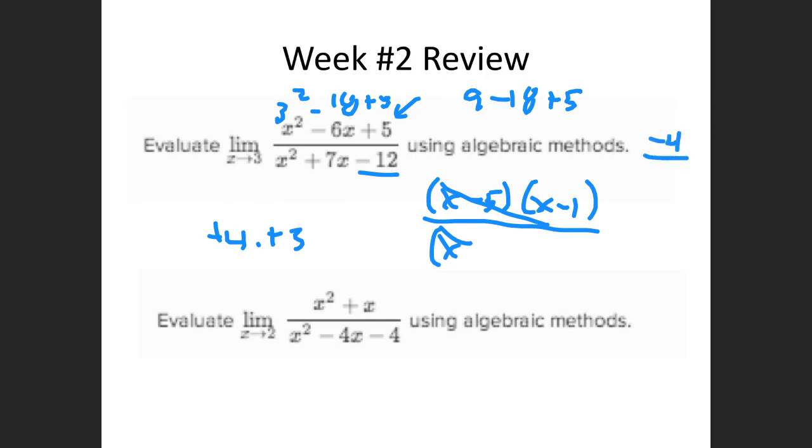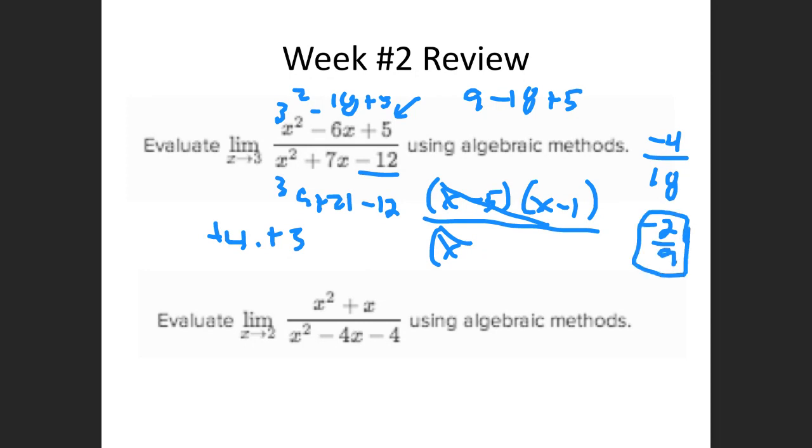Now if I plug 3 in the bottom, so that's 9 plus 21. Oh, yeah. Substitution works in this problem. I didn't have to factor it. Substitution worked right away. So that's 30 minus 12. 30 minus 12 is 18. So I would say it's negative 2/9 is my limit.